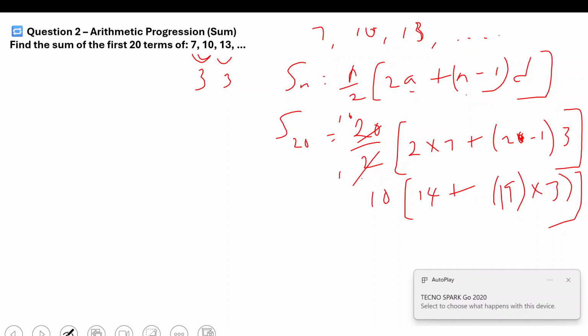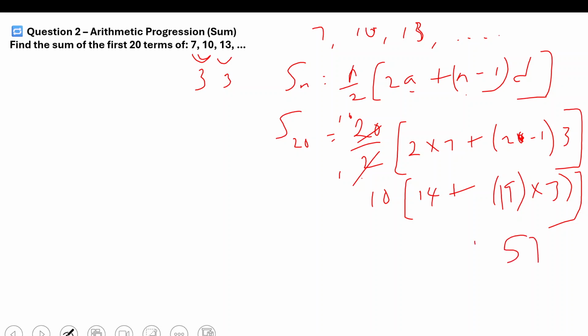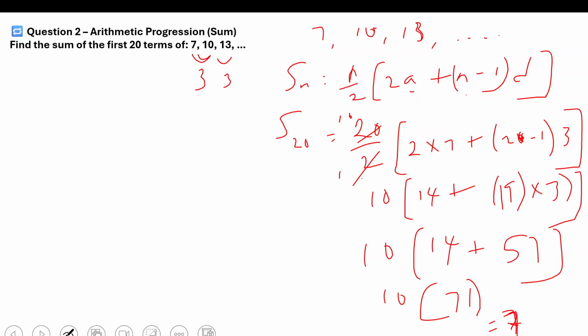By way of calculation, 19 times 3 will give us 57, plus 14. 57 plus 14 will give us 71. 10 is still outside, and 71 times 10 will give us 710. 710 is the sum of the first 20 terms of this sequence. 710 is the answer.